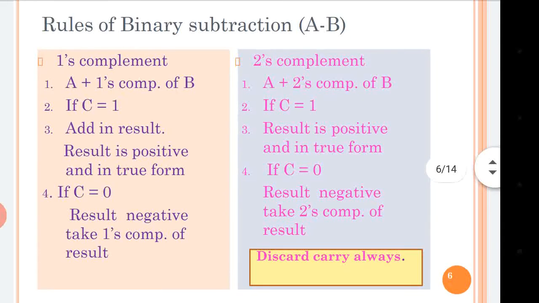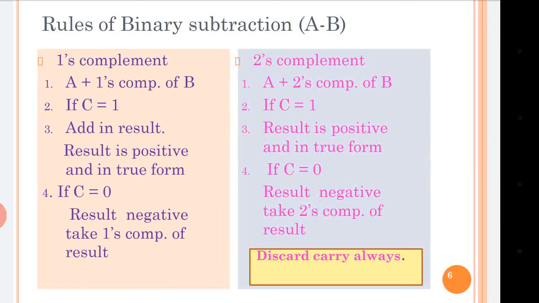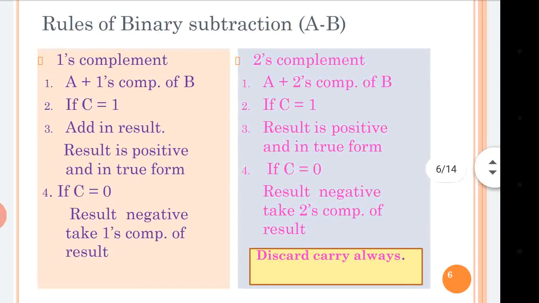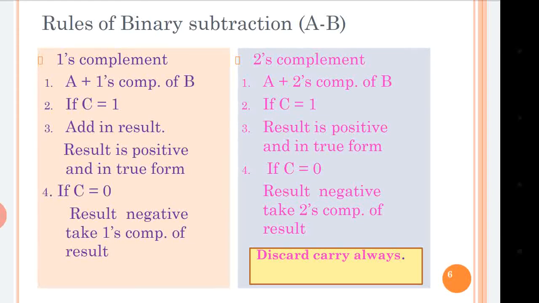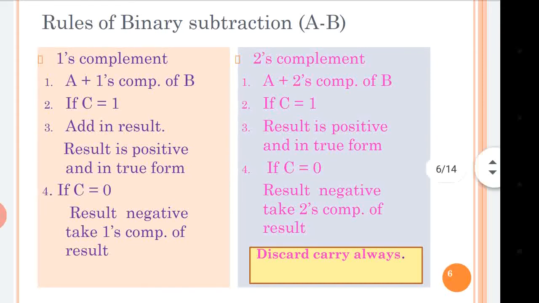Rules of binary subtraction, that is a minus b. Subtraction we are expressing in the form of addition, that is a plus minus b. There are two methods to find subtraction: by using one's complement or by using two's complement. The rules are: the first number a is to be added to the one's complement of the number to be subtracted.